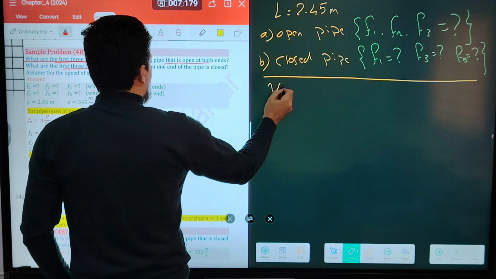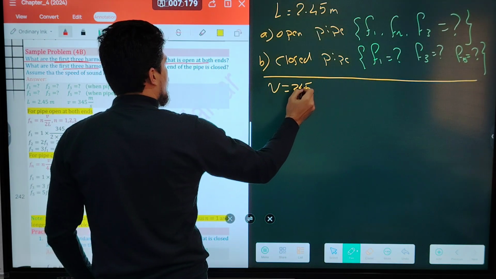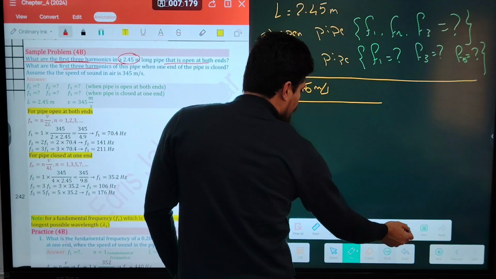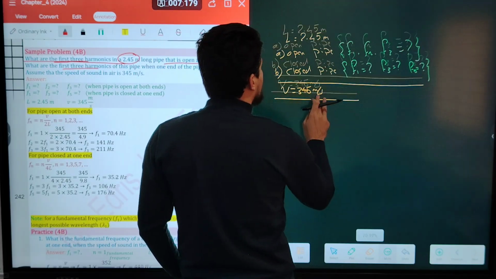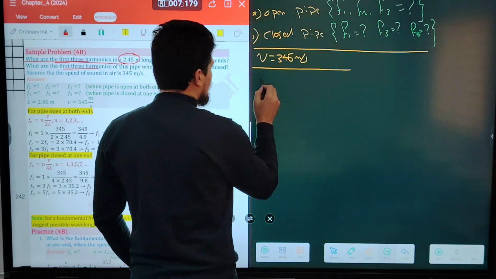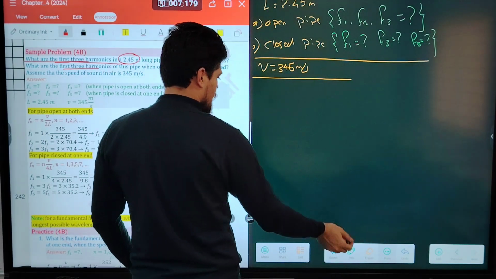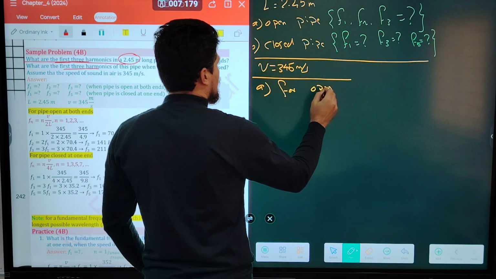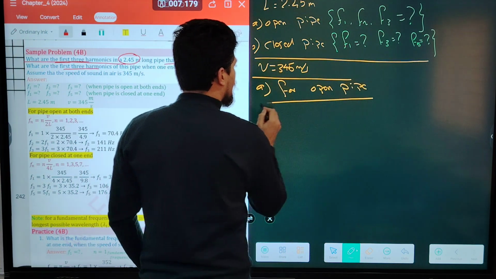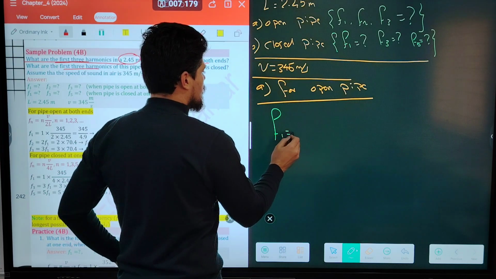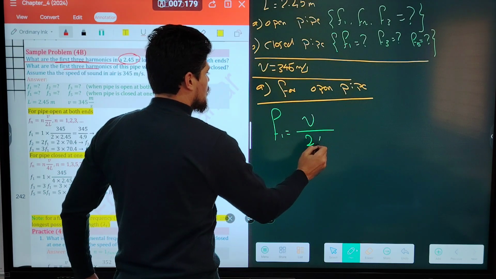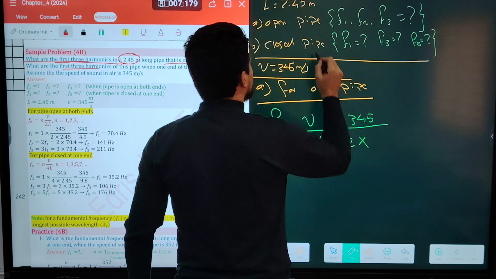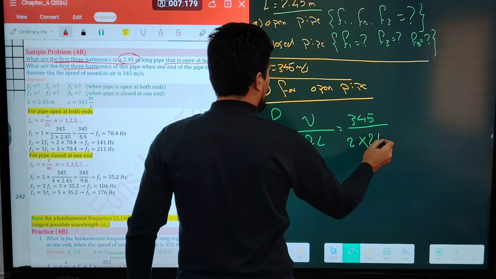Speed is constant, 345 meters per second. For the open pipe, F1 is equal to V over 2L, which is 345 over 2 times 2.45.